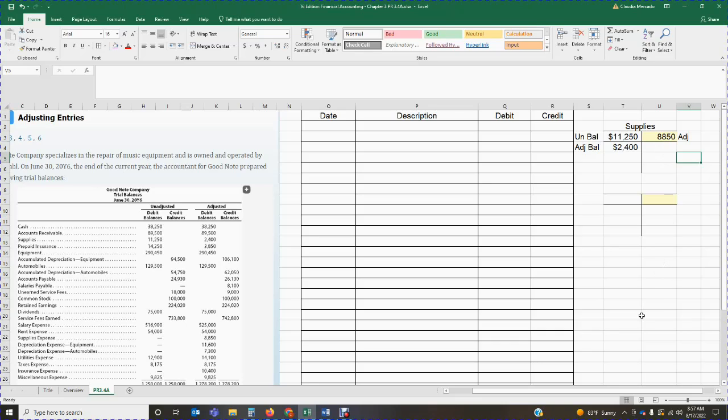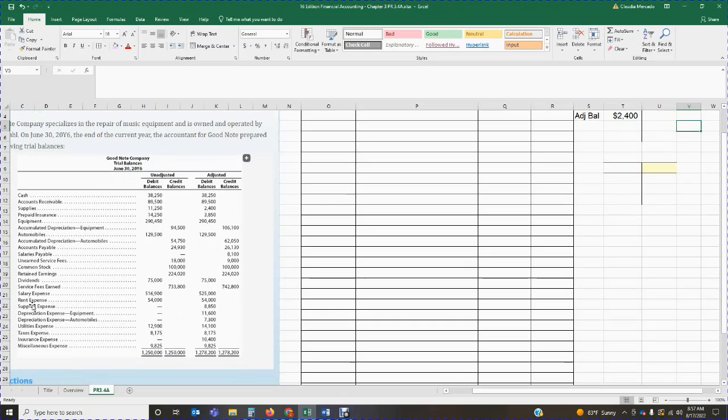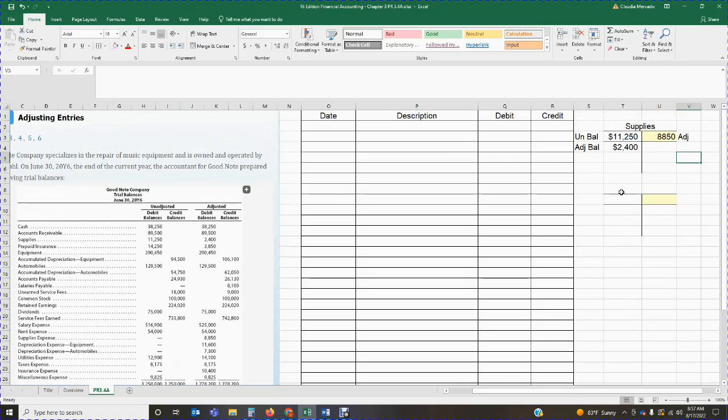Now what would we need to debit? If you use up your supplies, what account would you debit? If you used up your supplies, you would always debit an expense account. So let's look down here at the supplies expense account. Supplies expense had a beginning balance of 0. Okay, so the unadjusted balance was 0.